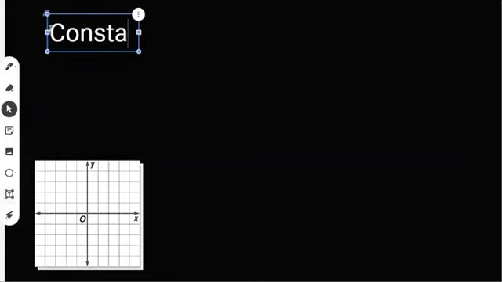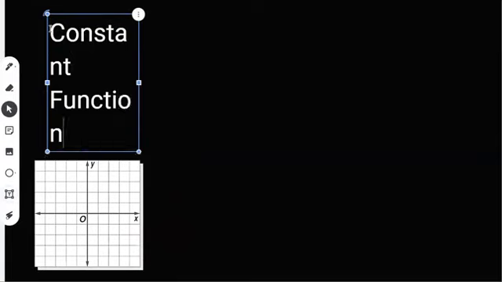Okay, let's talk about the constant function. That's going to be number 1.